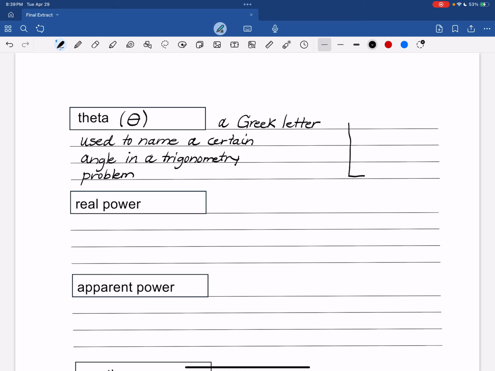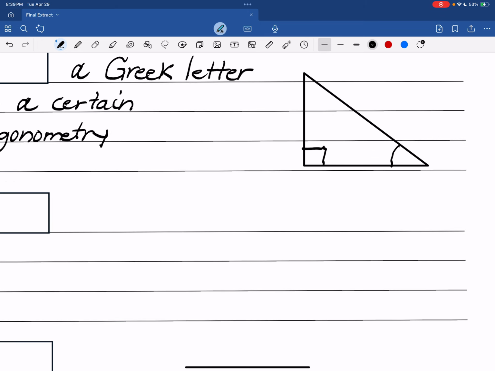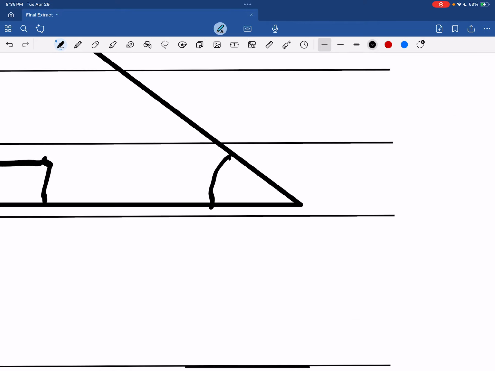So let's draw ourselves a right triangle and label the right angle. That's your 90 degree. And right in here, let me zoom in. I want you to color this one or shade it even with your pencil. Just shade it in.